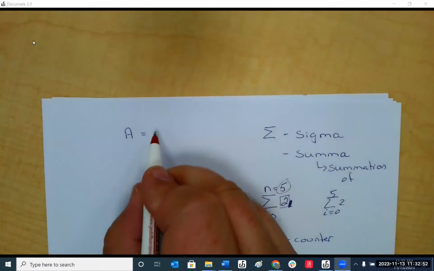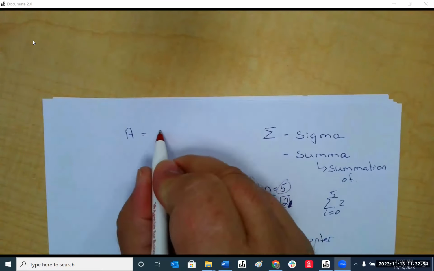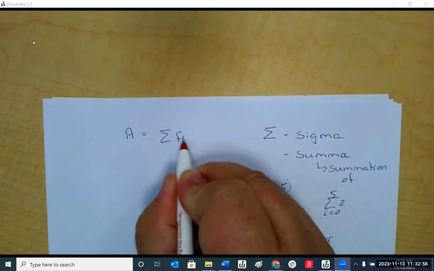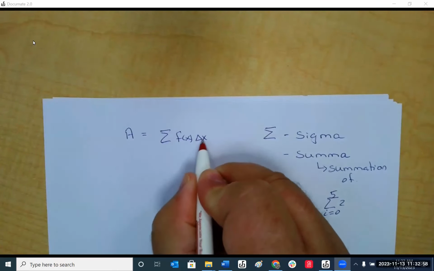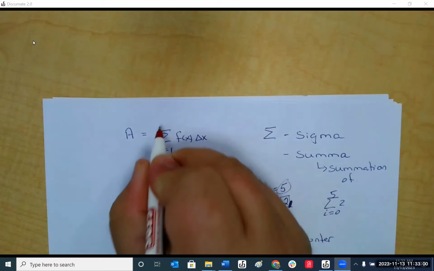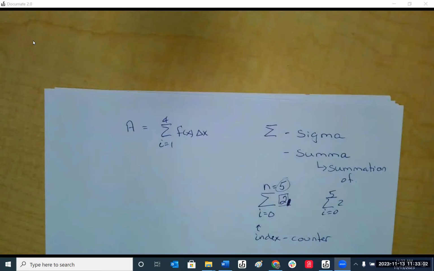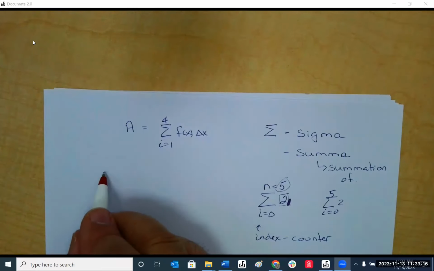So in our example, we could have used this, and if you think about it, that's exactly what it means. Well, draw another one.